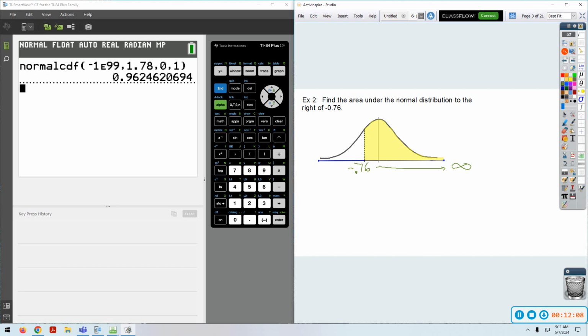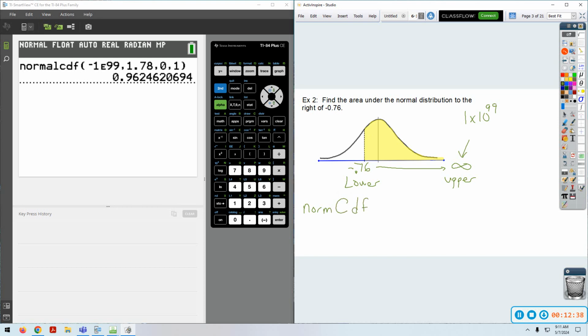That means when I plug this in the calculator, my left value is my lower value, and infinity is my upper value. And remember, infinity we will put on the calculator as 1 times 10 to the 99th power. So our problem should be, let's find the area under the curve, which is a normal CDF.